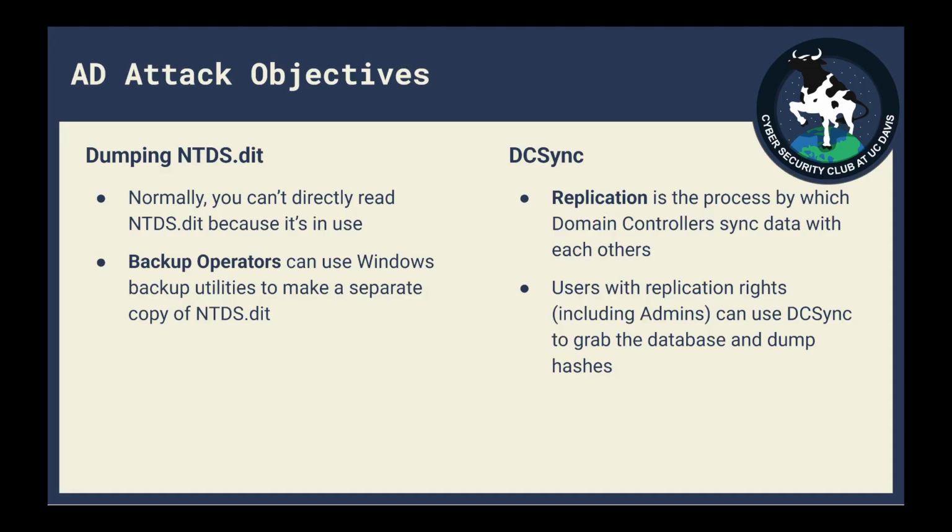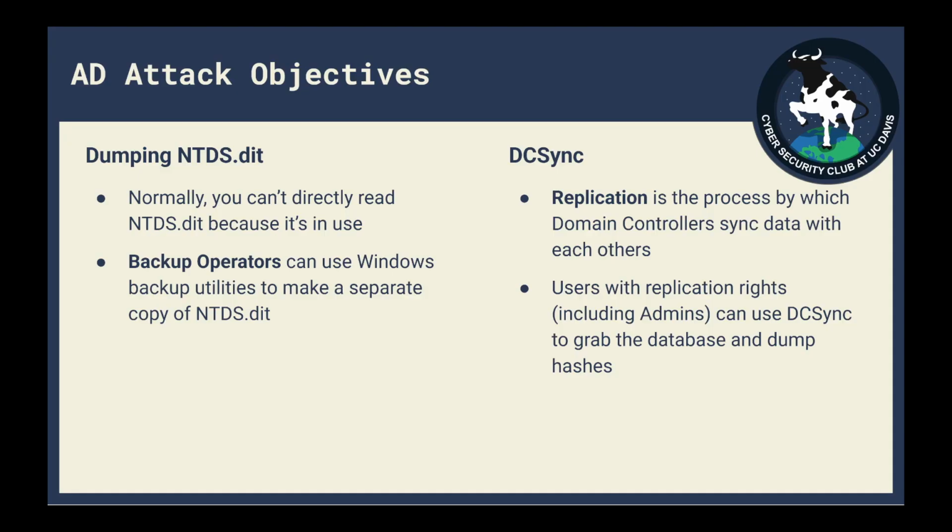So, if you have a primary domain controller and a backup domain controller, naturally you want them to stay in sync, right? If you make a change on the primary controller and it doesn't get passed to the backup controller, your data is out of sync, and bad things end up happening. So they have to be able to talk to each other and synchronize information through a process called replication.